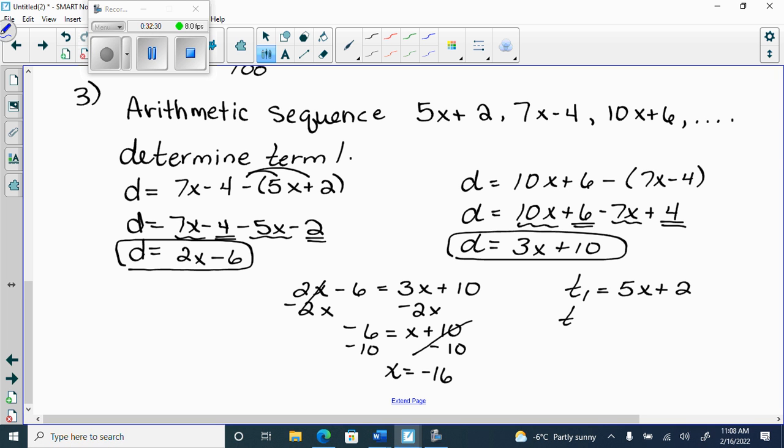So term 1 equals 5 times negative 16 plus 2, which is negative, stop. What's negative 16 times 5 plus 2? Negative 70? 78. No, I was like, that doesn't make sense.